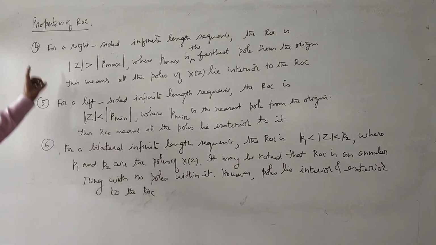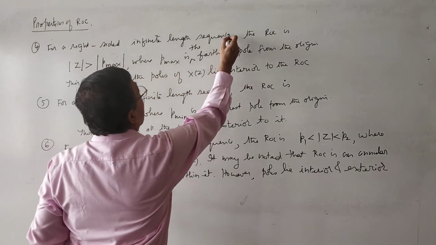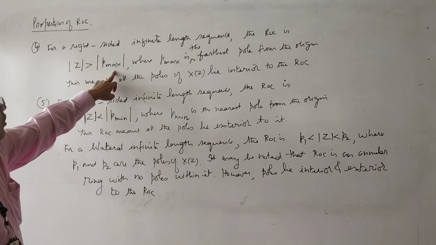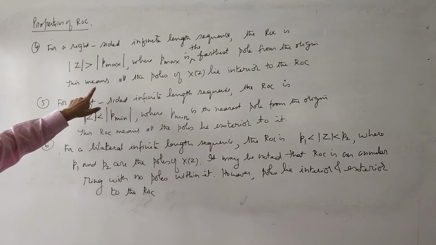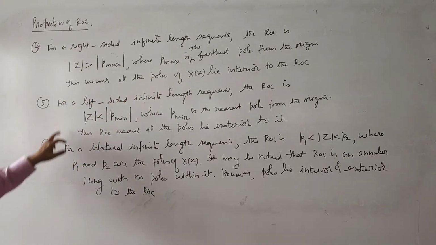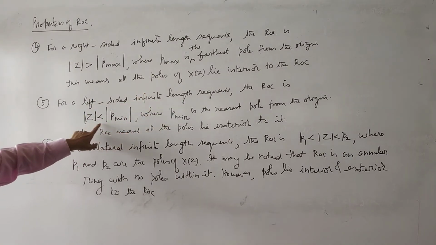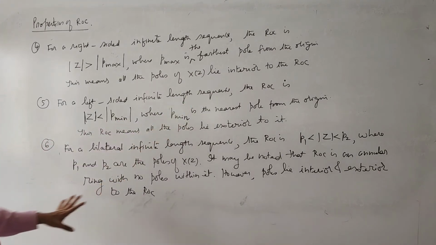So what I have written here: for a right-sided infinite length sequence, the ROC is mod z greater than magnitude of P max, where P max is the farthest pole from the origin. This means all the poles of x of z lie interior to the ROC. For a left-sided infinite length sequence, the ROC is mod z less than modulus of P min, where P min is the nearest pole from the origin.